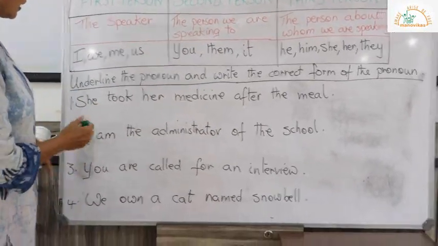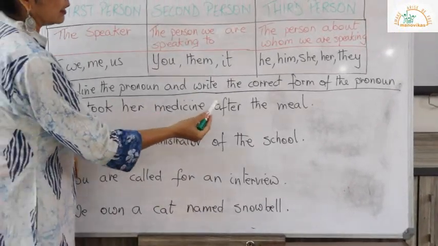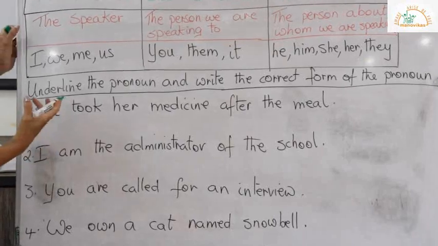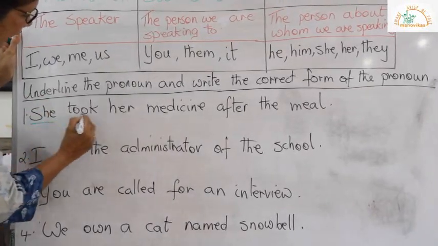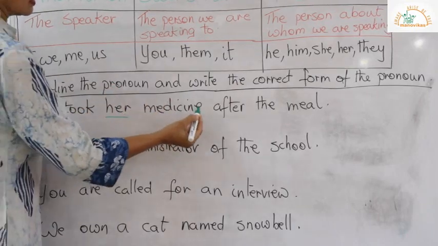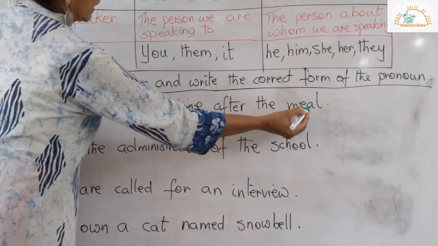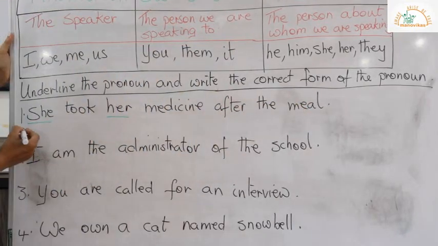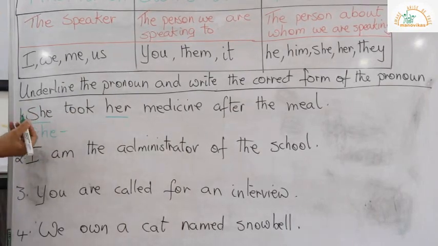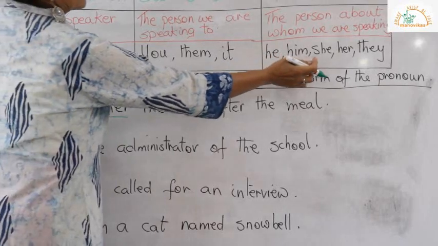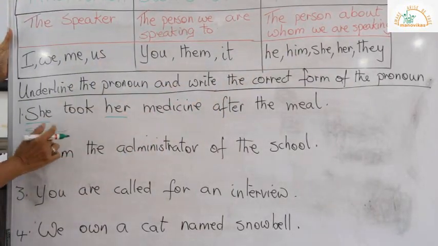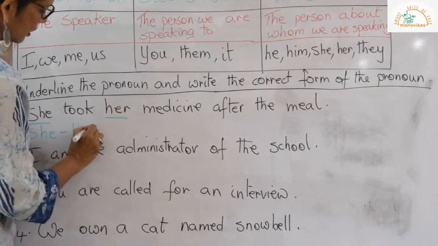Now the first sentence. She took her medicine after the meal. Which are the two pronouns here? She and her. So she will be what person? She is third person because this is the person we are talking about.